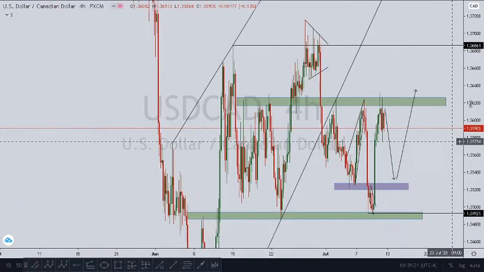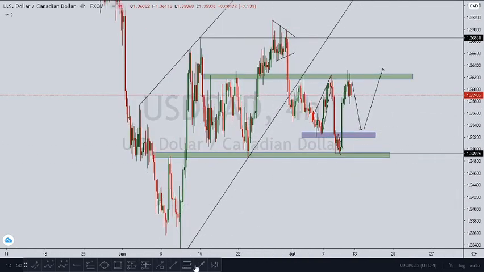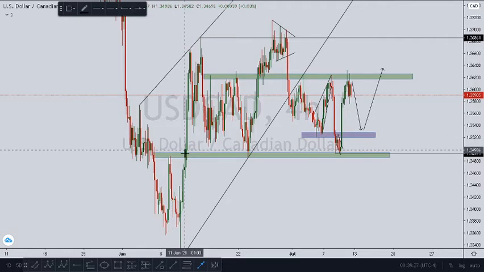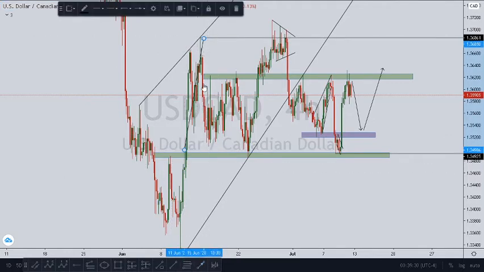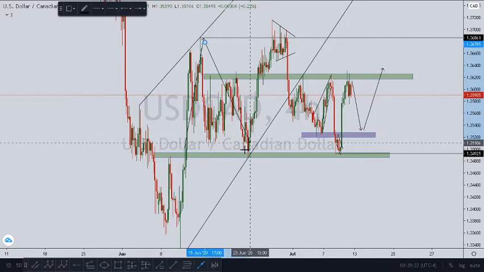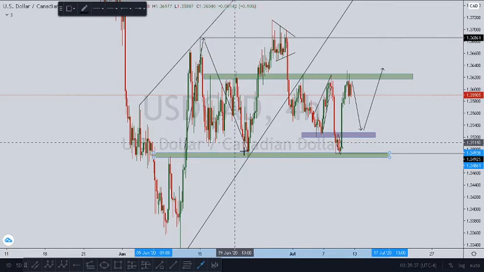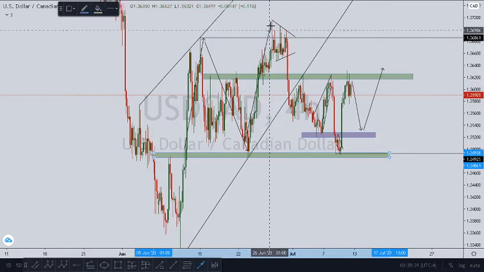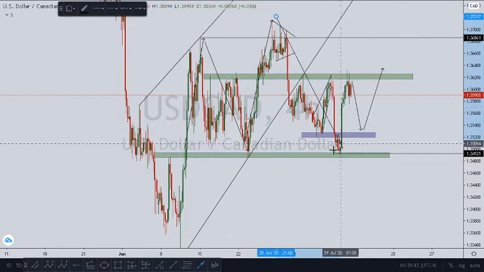The next possible move is a head and shoulder on the daily time frame. What am I referring to? This would be the neckline to the left shoulder, to the neckline, right? From the neckline to the head, from the head to the neckline.